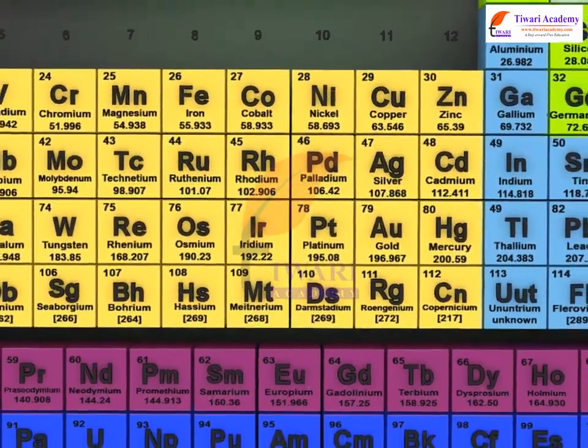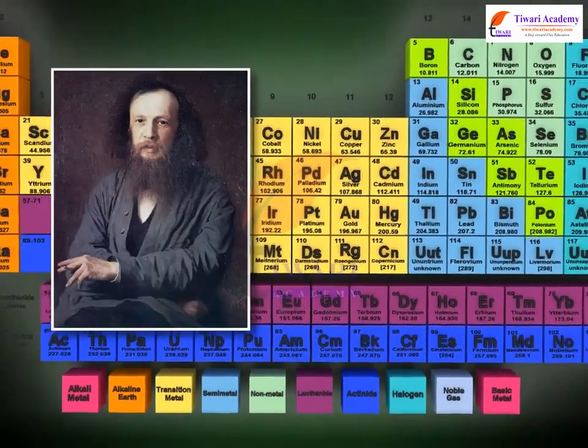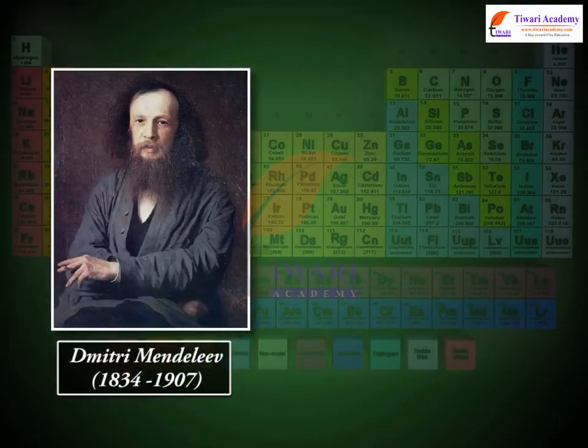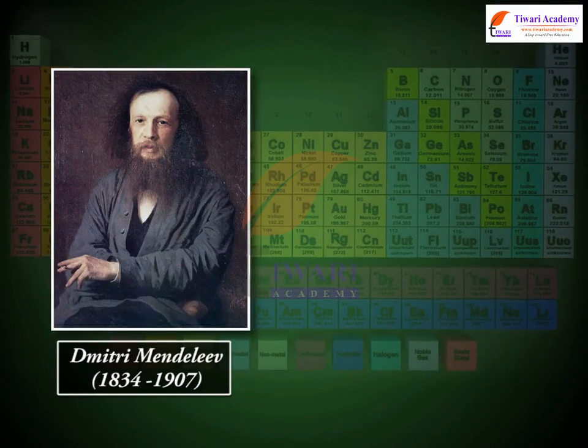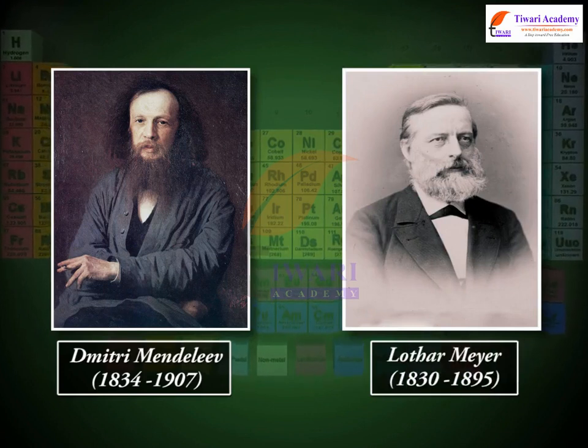The periodic law, as we know it today, owes its development to the Russian chemist Dmitry Mendeleev, 1834 to 1907, and the German chemist Lothar Meyer, 1830 to 1895.